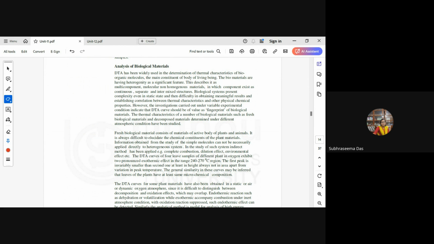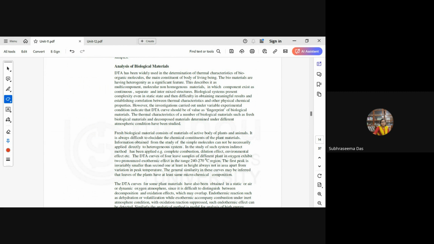It describes the various components, the non-homogeneous materials which exist in correlation to other homogeneous substances present in biological states. However, investigations carried out under experimental conditions indicate that the DTA curve should be of value as a fingerprint of biological materials.